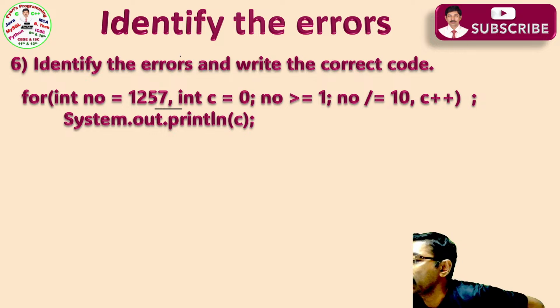I think you have given twice, Rajesh. No is greater than equals to 1, no is greater than equals to 1. And you missed out no divided by 10. Comma, print C. After the for loop, there can be a semicolon because it is known as delay loop.